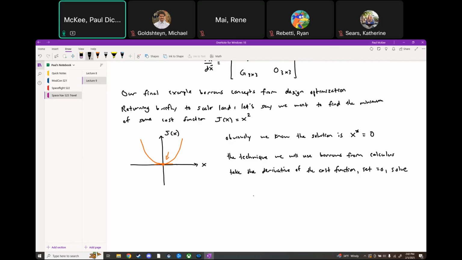We're going to do it a lot in this class. So the derivative of J of x with respect to x, okay, well, J of x is x squared. Derivative of that is 2x. Okay, so if 2x equals 0, then x equals 0, or our x optimum equals 0.